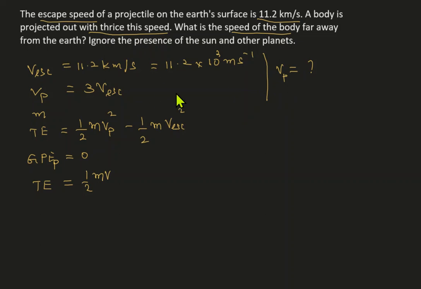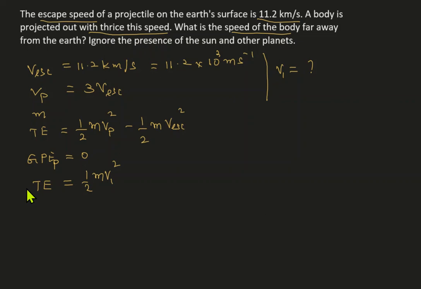We have to distinguish this because it is far away from the Earth. We will put V1, because it is said far away from the Earth. So we can put V1 squared. Now the total energy of the projectile far away from the Earth is given by half into m v1 squared.